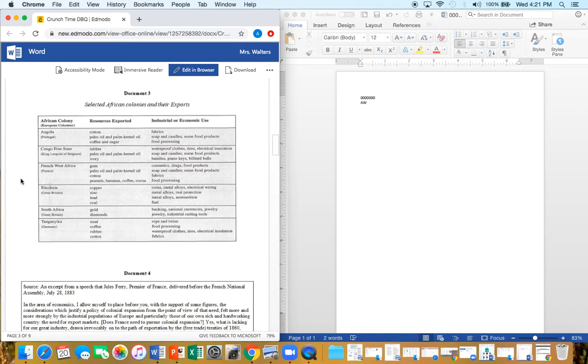So this is basically a chart showing, I don't even have to read everything. It's showing how a colony has the raw materials that then goes to a European imperial power that then creates industrial material from the raw materials.